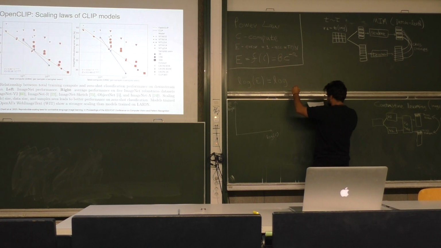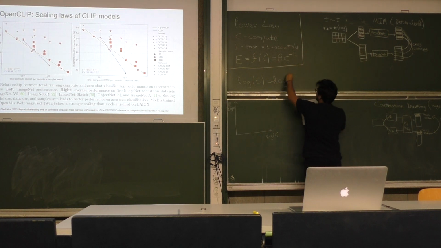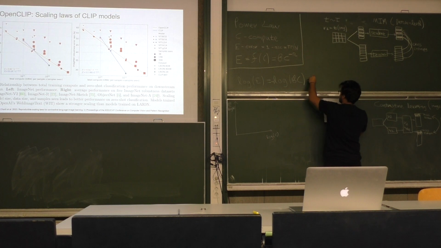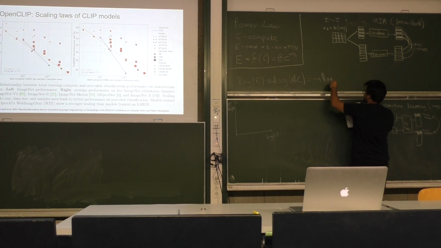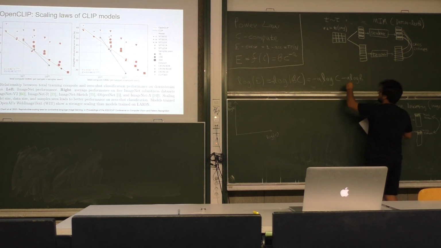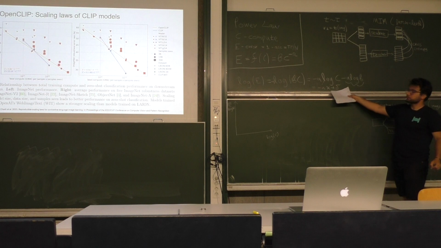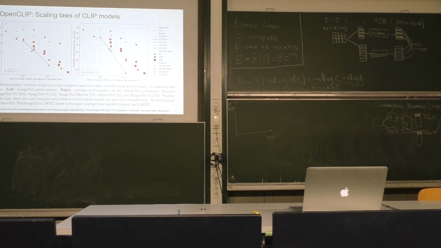So if you take the log on both sides, you end up with alpha and then log C, and then this is just a constant, so you can treat it as such, and then you can fit a linear line based on the data points.